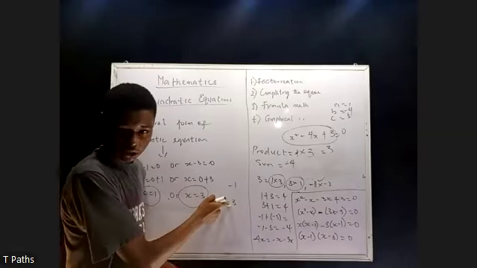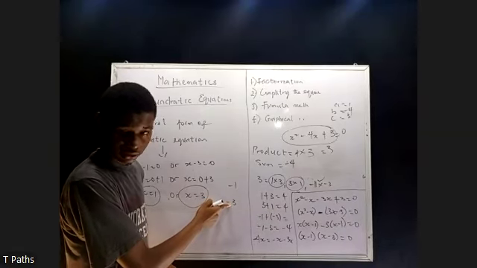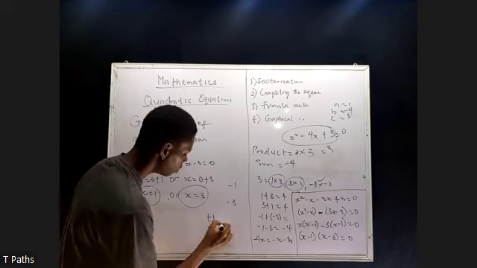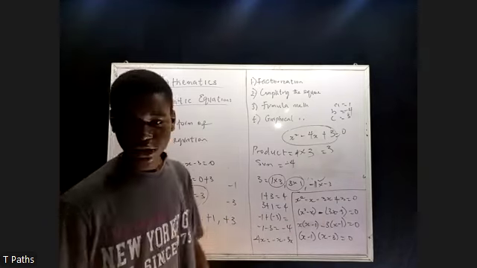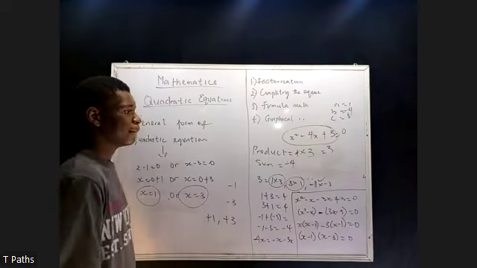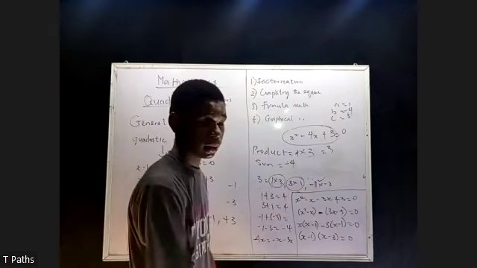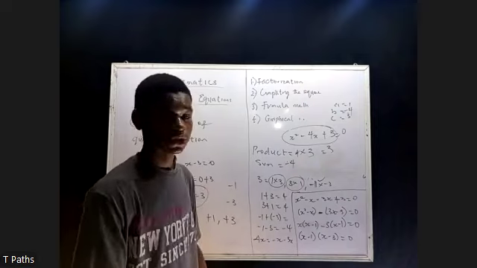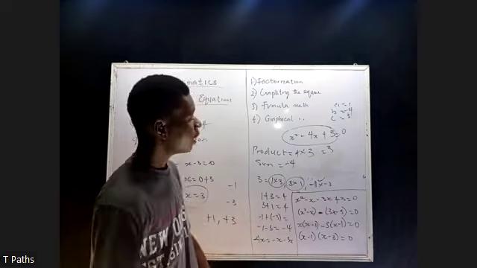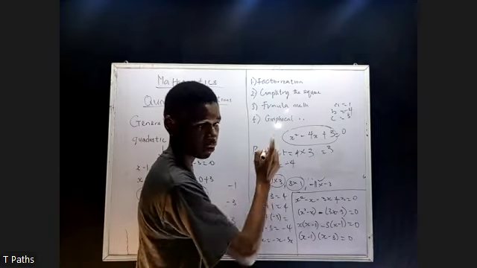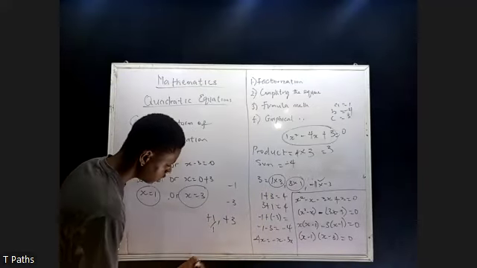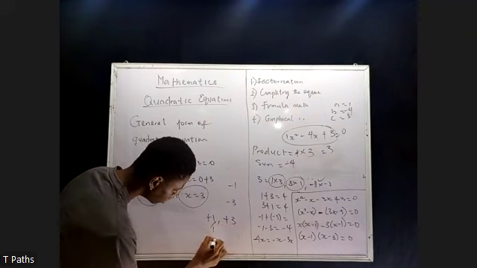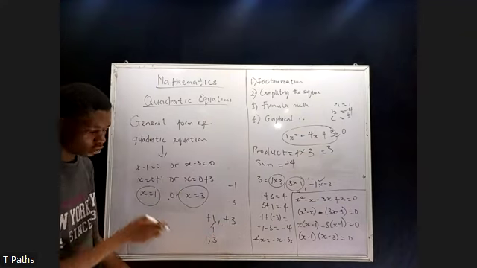When I change the sign of the second factor, which is -3, it's going to become +3. Next, I'm going to divide what I have by the coefficient of x squared. In our question here, the coefficient of x squared is 1. So if I divide 1 by 1, I have 1, and if I divide 3 by 1, I have 3. Now you can see it, I have 1 and 3.